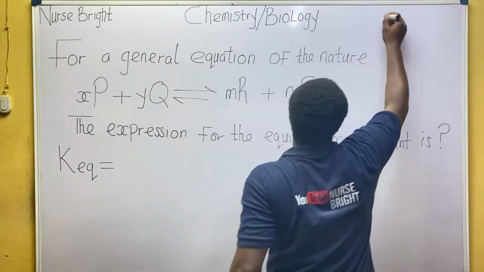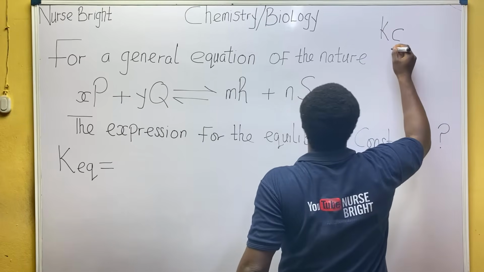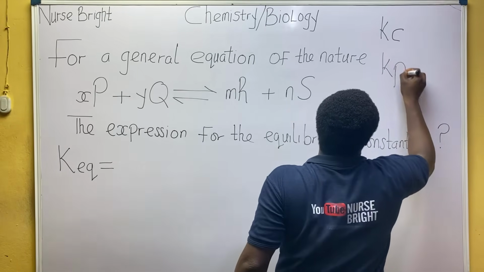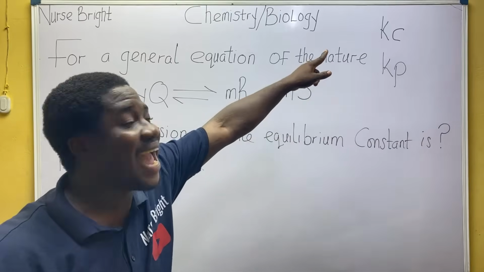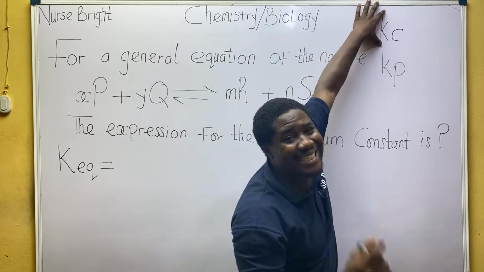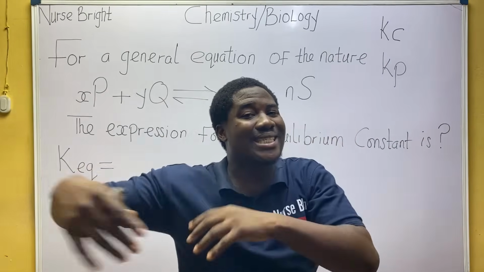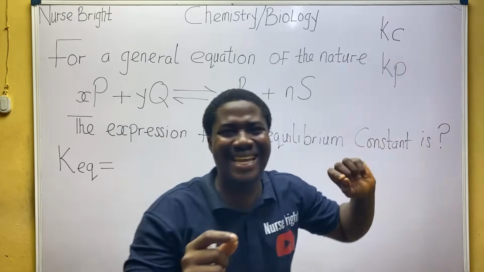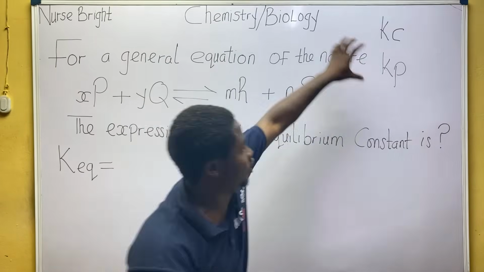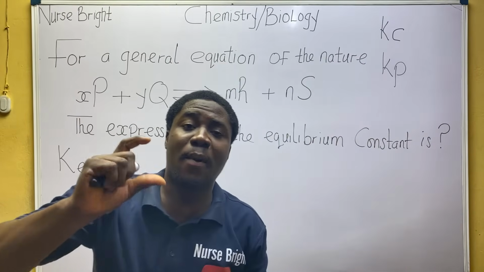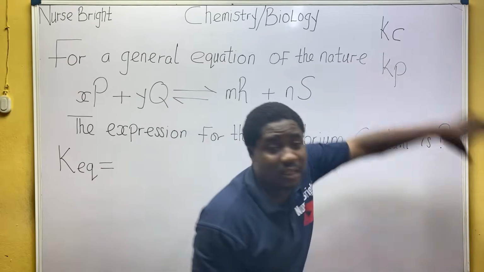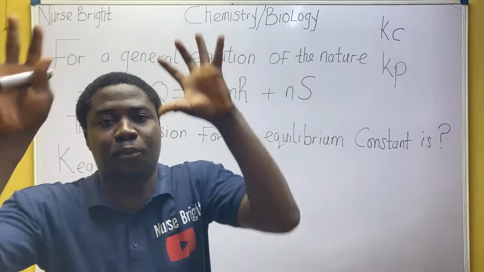What is Kc? This K is equilibrium constant, and this C is concentration. And in Kp, this K is equilibrium constant expression, and this P is partial pressure.